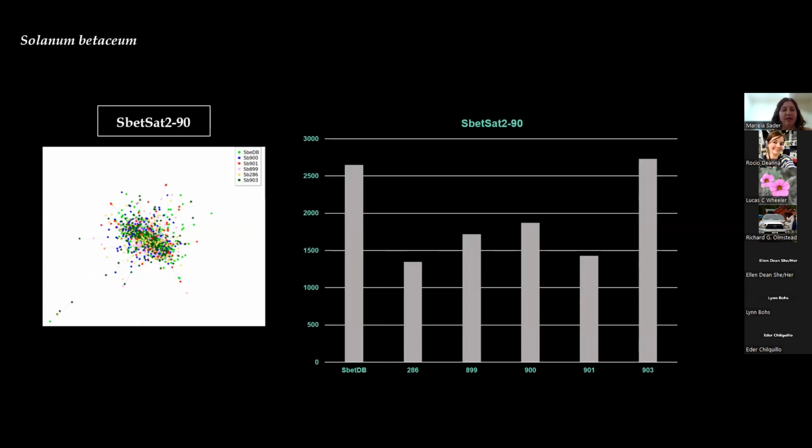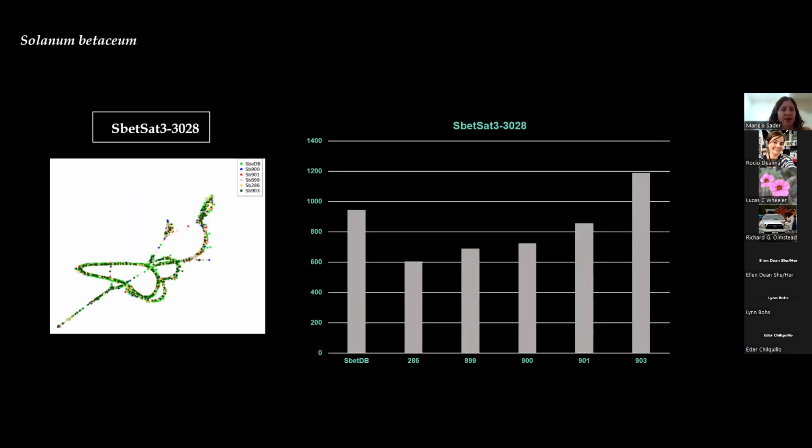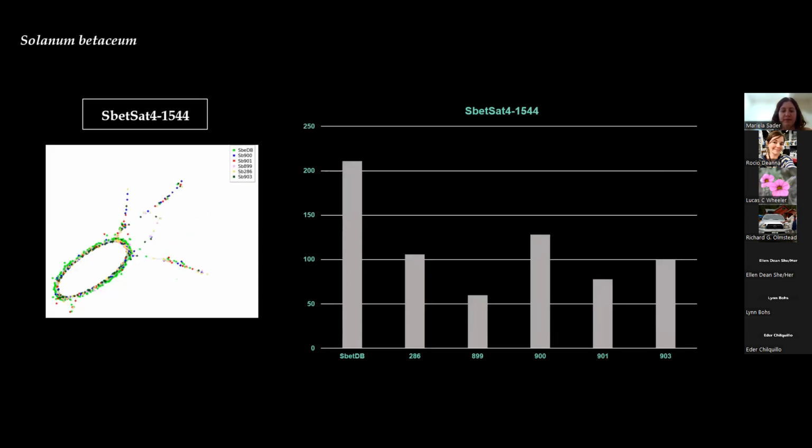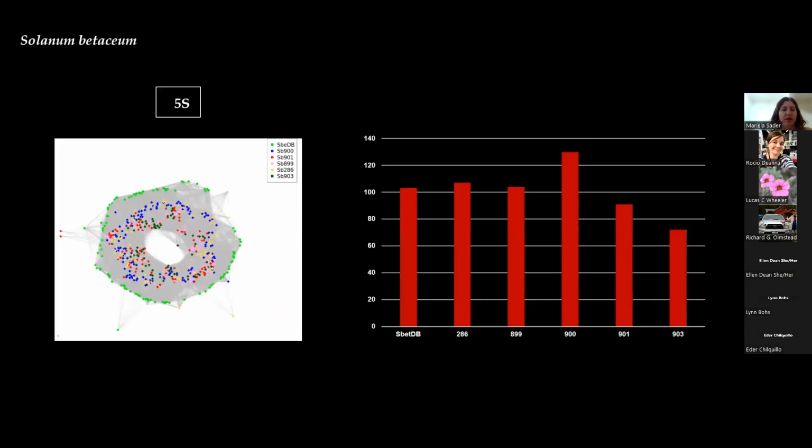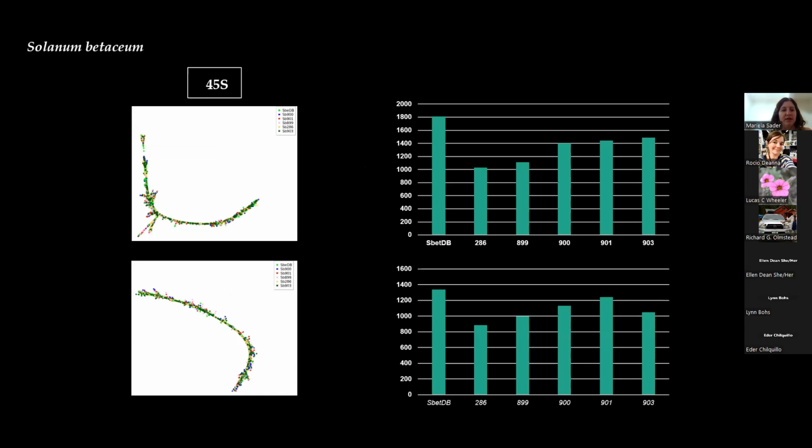Here we have satellite 2, where the relative abundance in the populations is also very, very different. Here we have satellite 3, the 4th satellite, and we observe differences in the 5S and in the 45S.